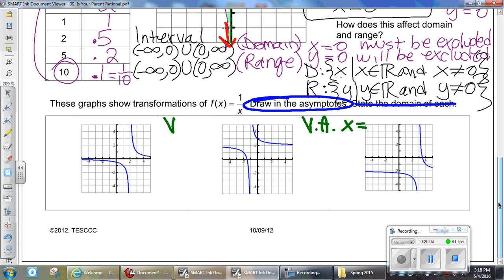Do that for all. Don't just give me a number, you need to write x equals. And then I also want you to find all the horizontal asymptotes for me. And so we will not have x equals a number, we will have y equals a number.